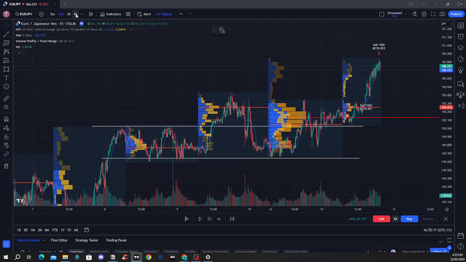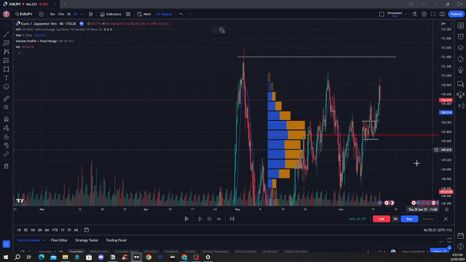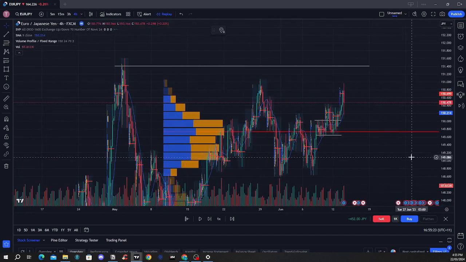And just before I click off this, let's have a look at the 4-hour chart. So yeah, that was another thing that I had to note, and that is the trading range was obviously sitting on top of the 4-hour point of control, which was acting as support.